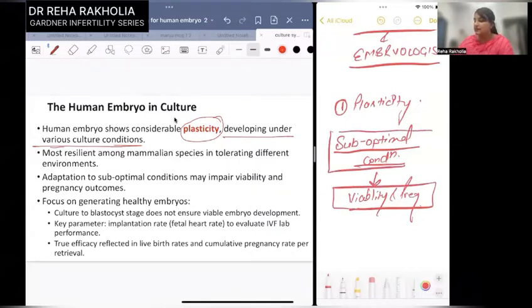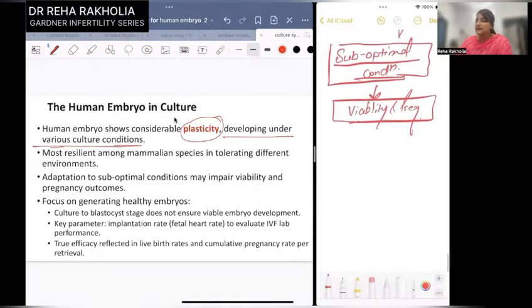And see, implantation to evaluate lab performance.